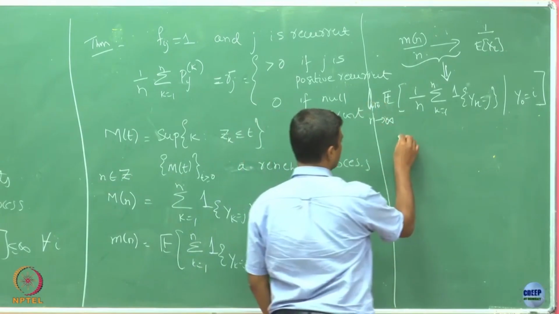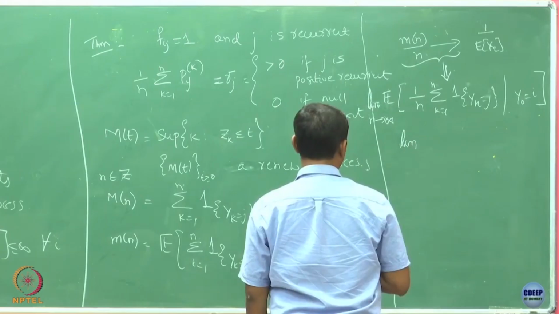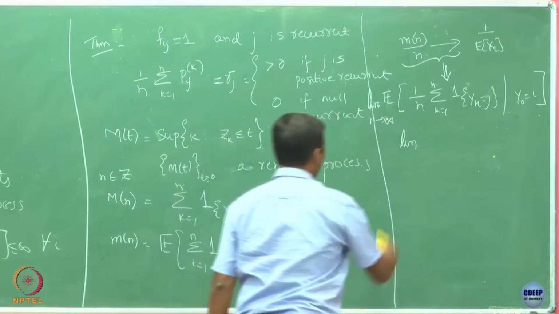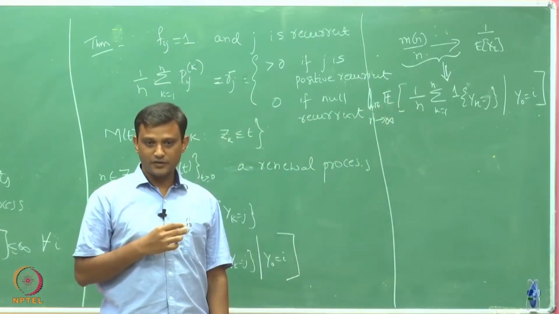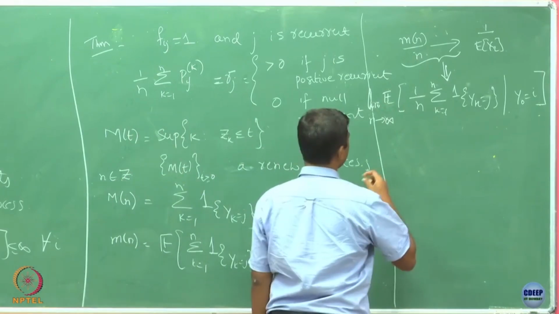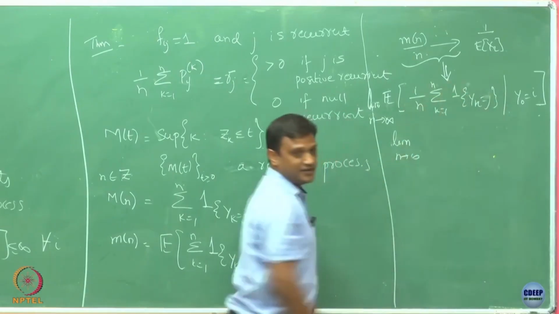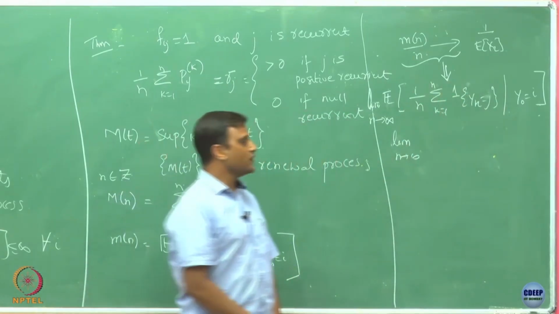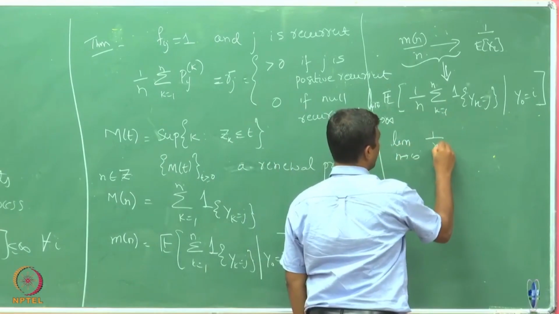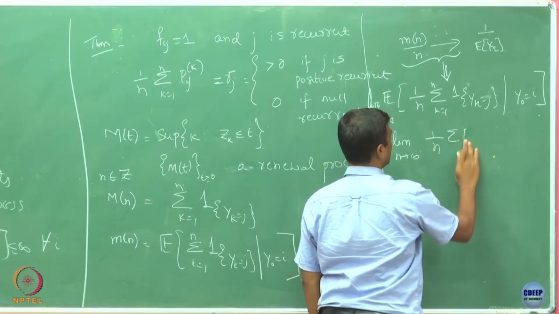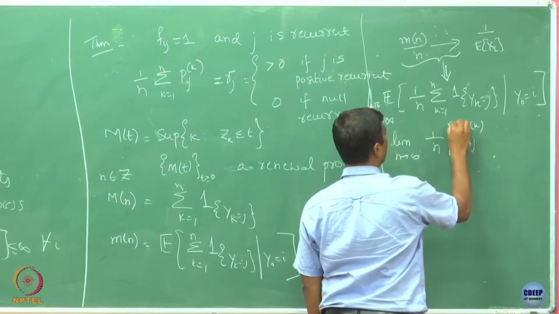So because of that, I could as well write it as this. Actually I really don't need to worry about that, right, because the expectation is already inside. So why do I need to worry about interchanging them? I think you guys didn't notice this. Anyway, this is a finite summation, right? I really don't need to worry about interchanging that. So I can always plug this in, and what I get is basically 1 by n times the sum of p_ij^k, for k equals 1 to n.